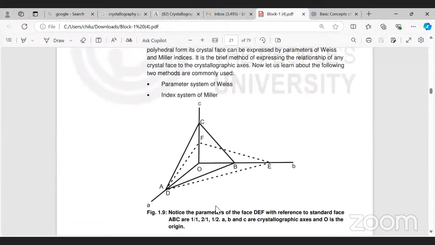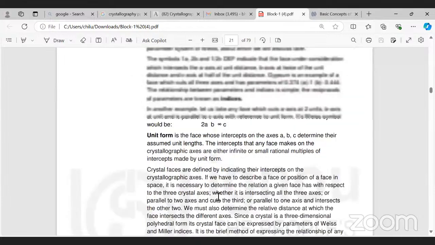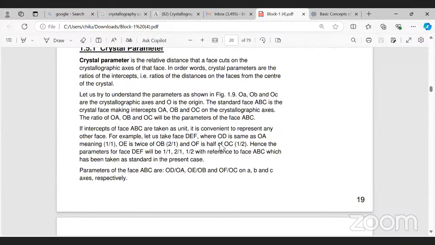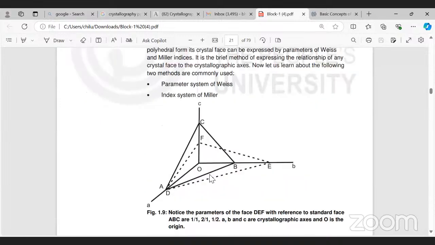You see here, O is the midpoint, and OA, OB, OC are the crystallographic axes which originate from this point. This is a crystal, a triangle formation, and O is the midpoint of this crystal.